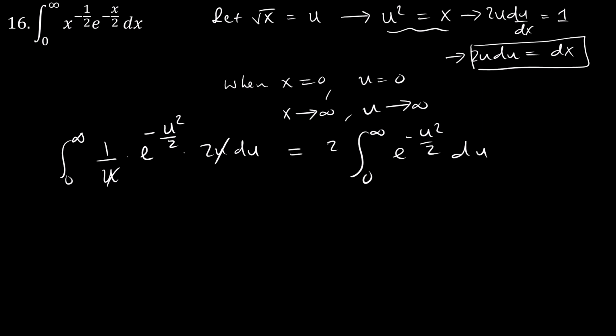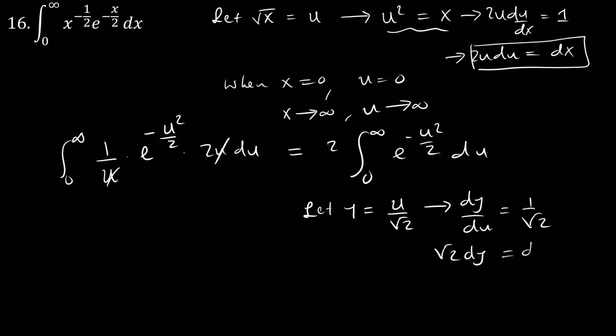I think one other substitution would be apt. We could say let y be equal to u over square root of 2, and that means dy/du is equal to 1 over square root of 2, and therefore square root of 2 dy can be used to substitute for du.